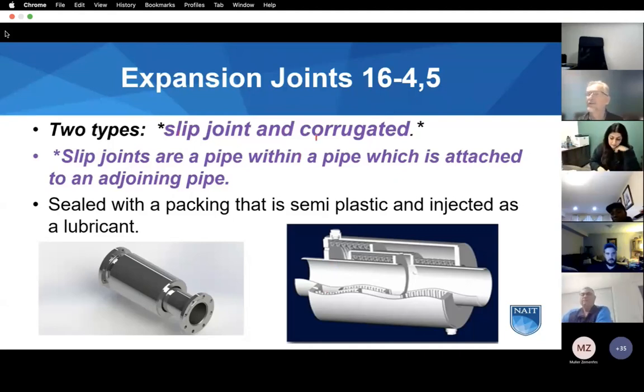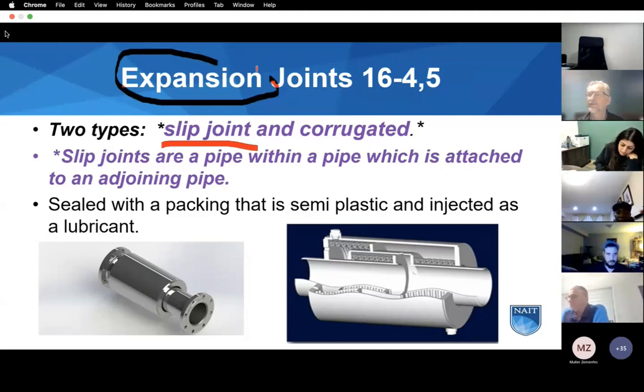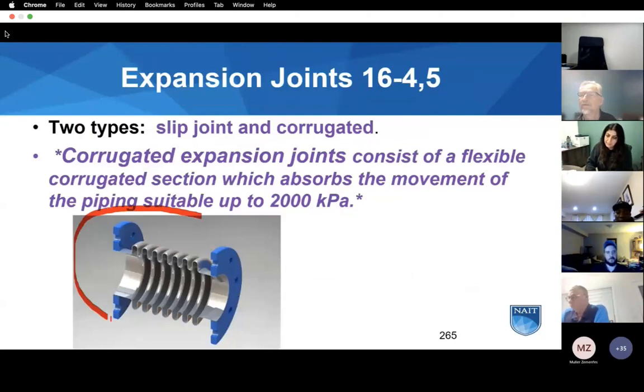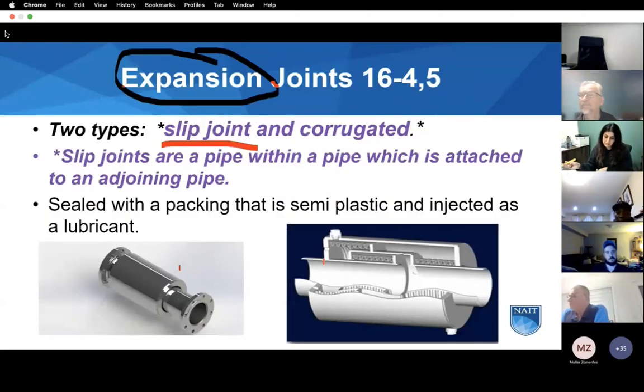So another thing is something called a slip joint or expansion joint. There are 2 kinds of expansion joints. One is called a slip joint. This is a slip joint: a piece of pipe goes inside another piece of pipe. And then the bellows type, the corrugated type.